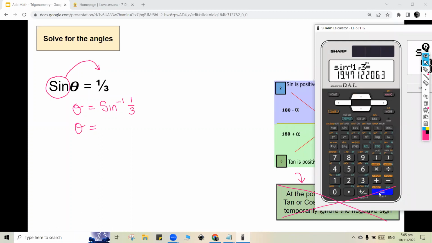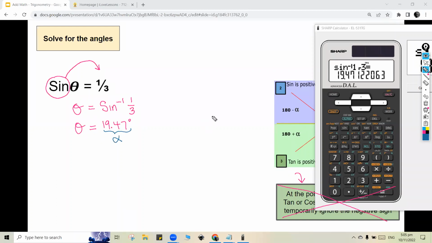And I'm getting 19.47. Remember, that first answer you get will always be who? Alpha, right? So it is 19.47.